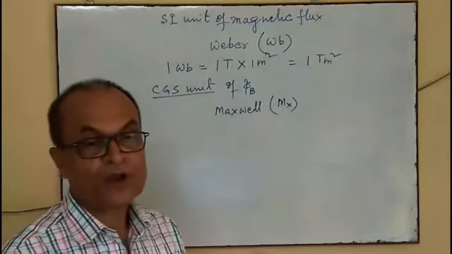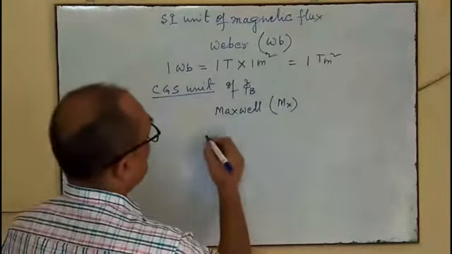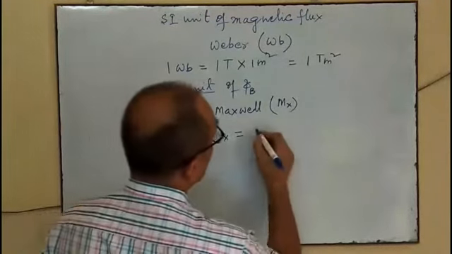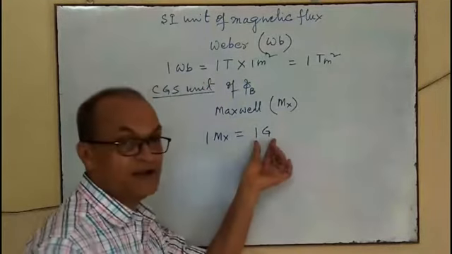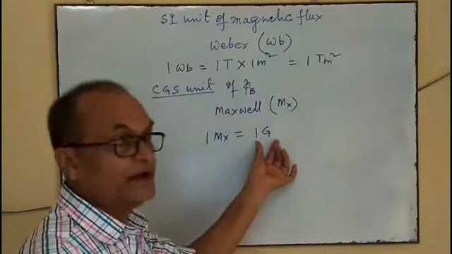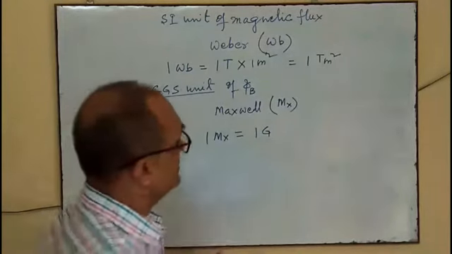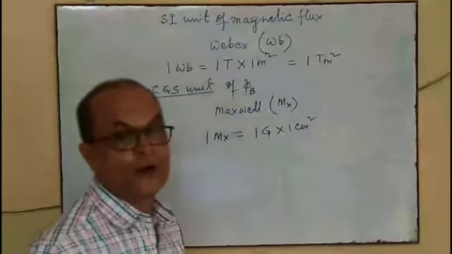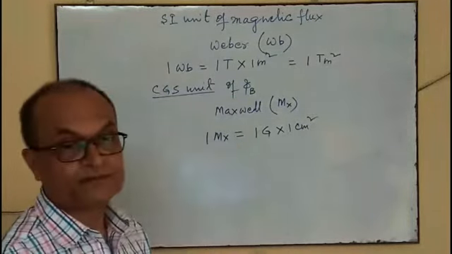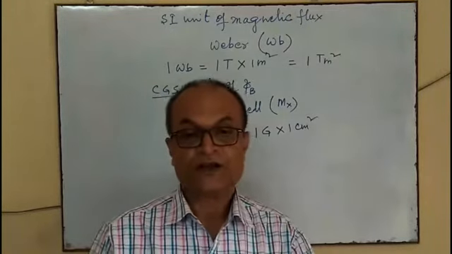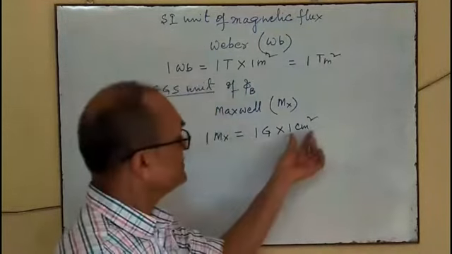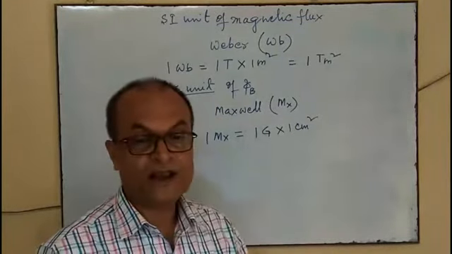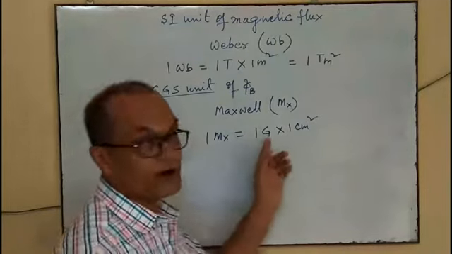So we can say 1 Maxwell equals 1 Gauss, the unit of magnetic field in CGS, times 1 centimeter square. So 1 Maxwell is the magnetic flux linked with a surface area of 1 centimeter square when held normally inside a uniform magnetic field of 1 Gauss.